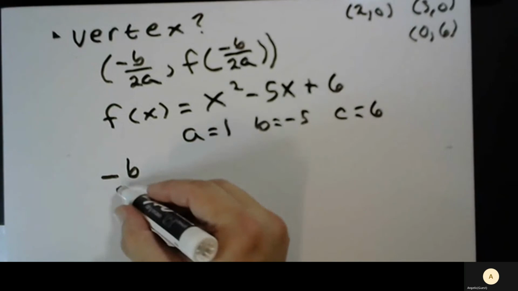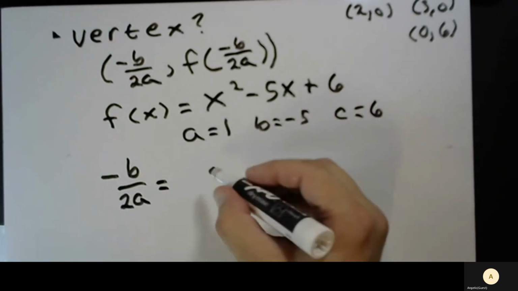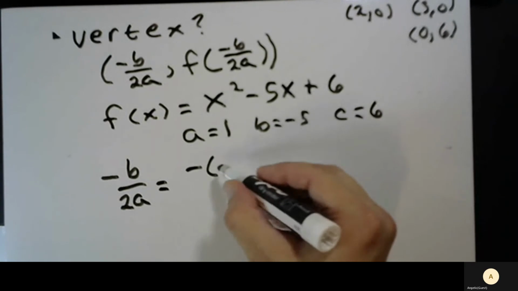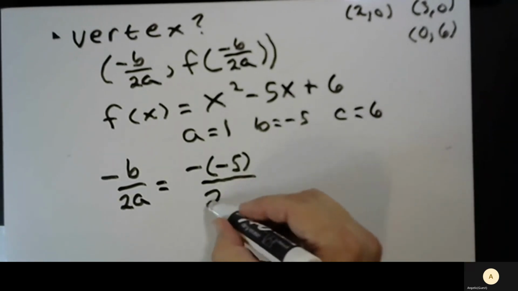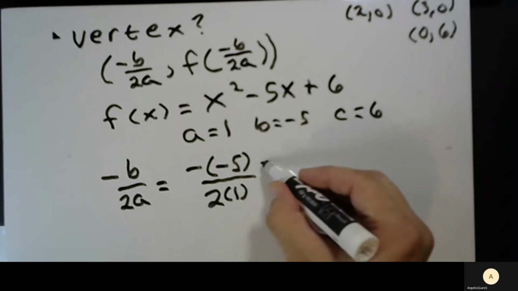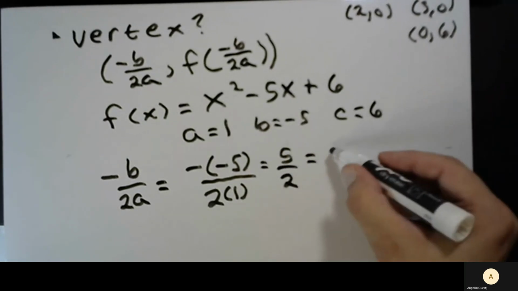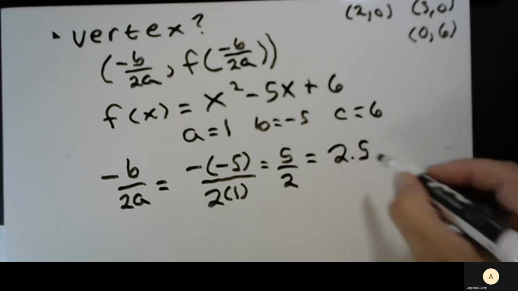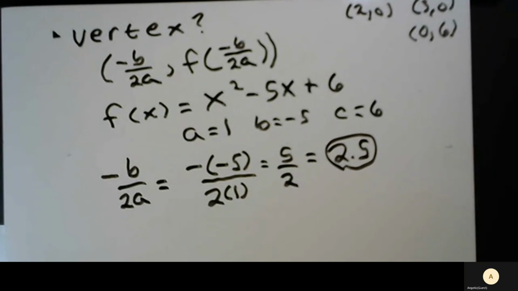So negative b over 2a, well, that's going to be negative negative 5 over 2 times 1, or 5 over 2, or 2.5, 2 and 5/10. So that's going to be the x coordinate of our vertex.